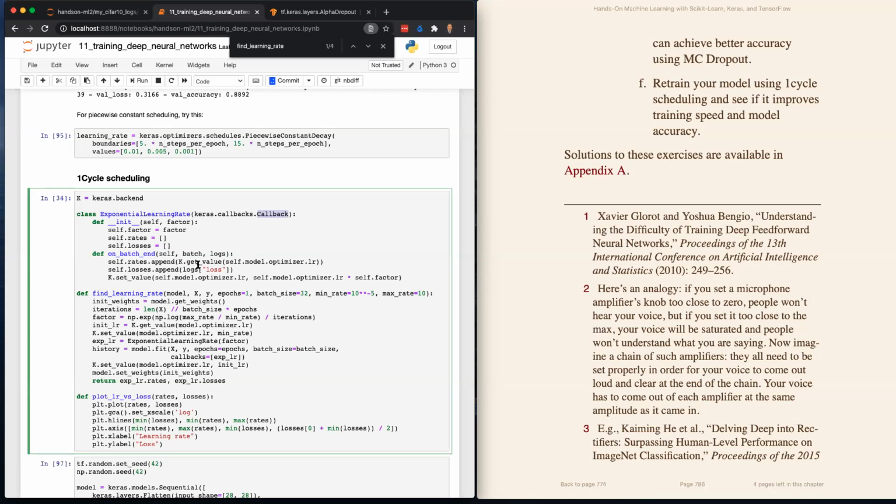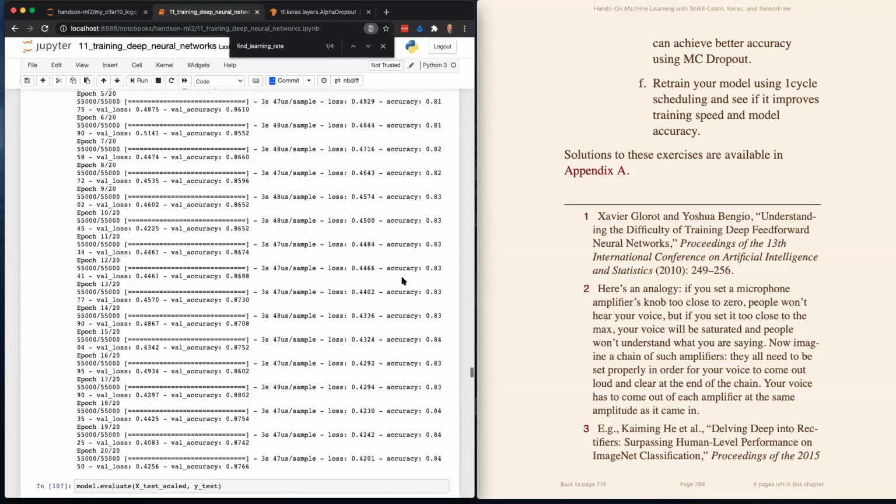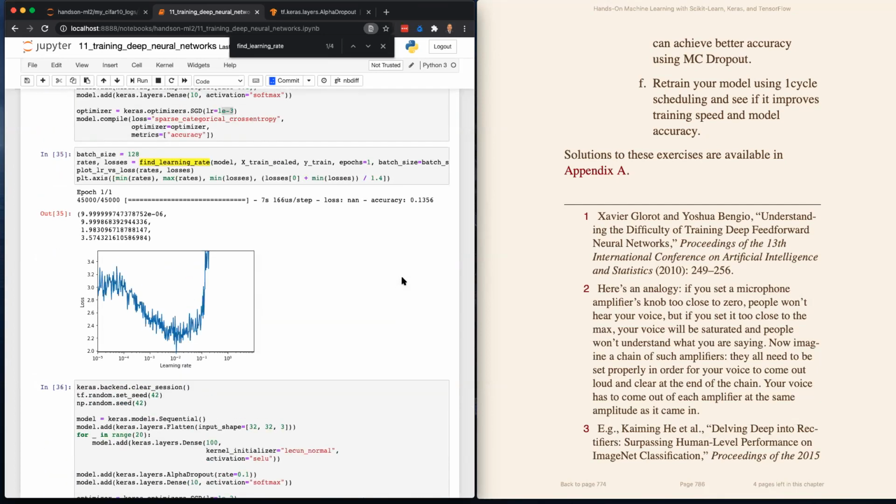After each batch, the learning rate gets multiplied by the factor: model.optimizer.lr times self.factor. So your learning rate is gradually increased for each batch inside the epoch, and then you get that nice plot of, at this particular learning rate, this was the loss. And I think in FastAI, if you remember, we used to look at the steepest. I'm not sure what happens in this case.